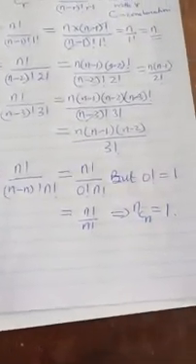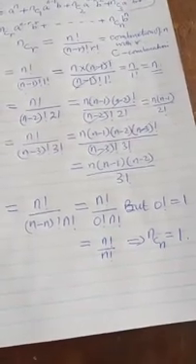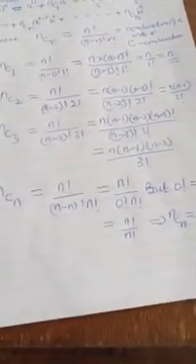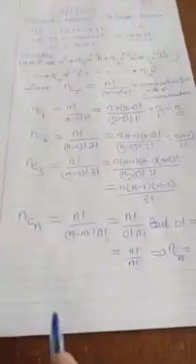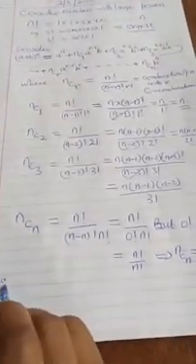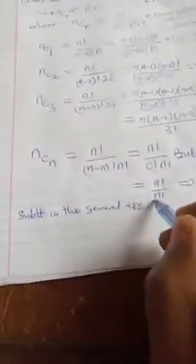Once we have these values known to us, we are going to go back into our general equation and substitute for the combinations we have got.